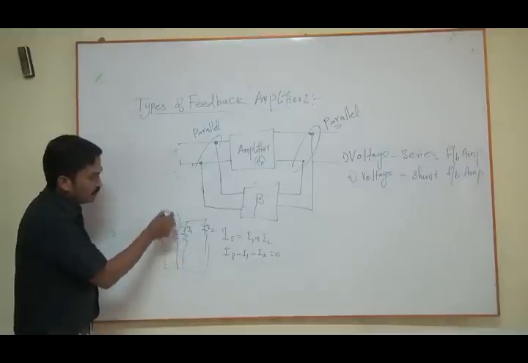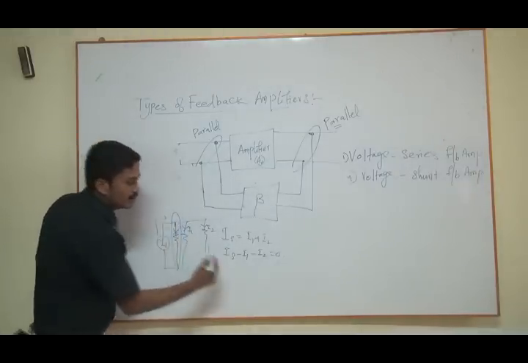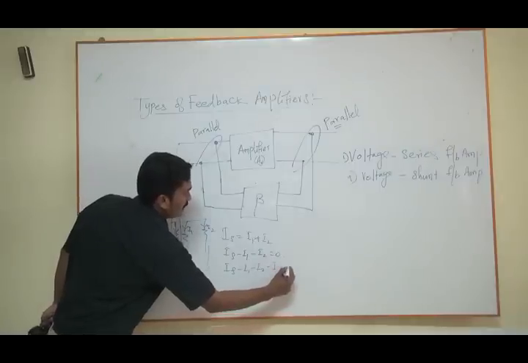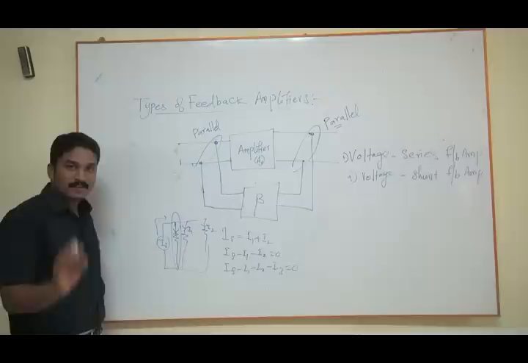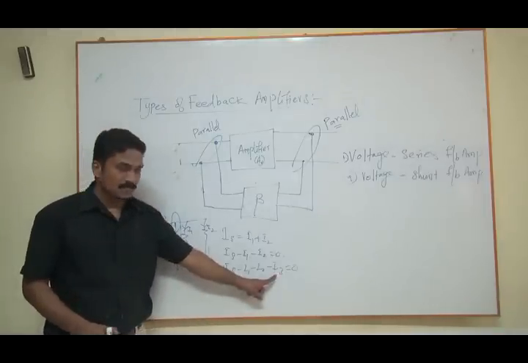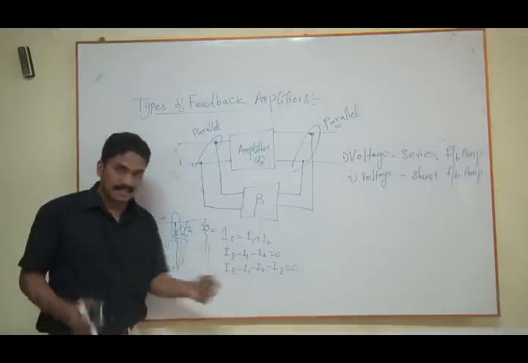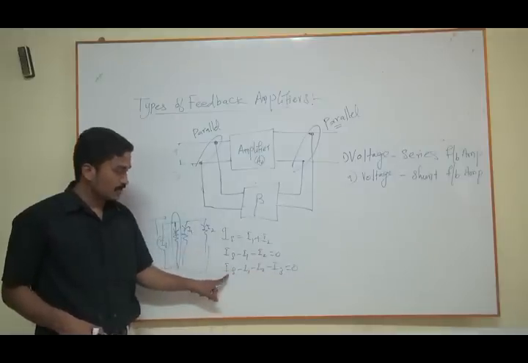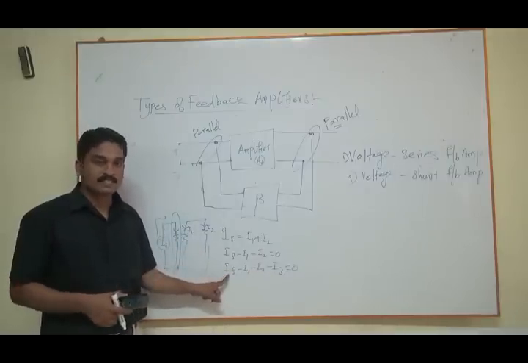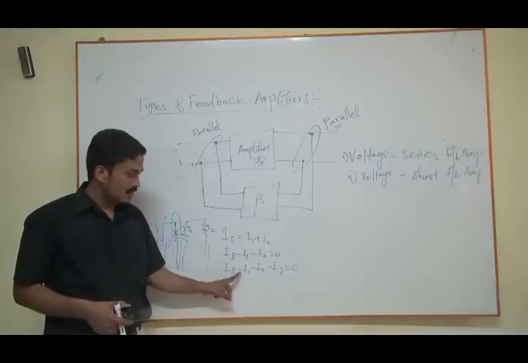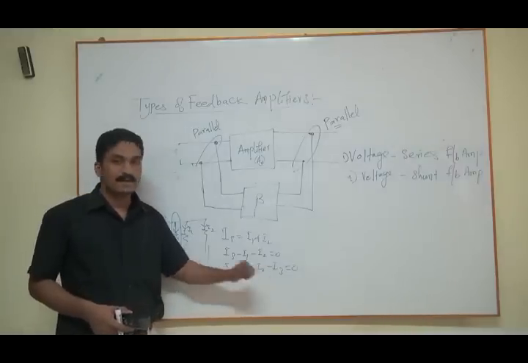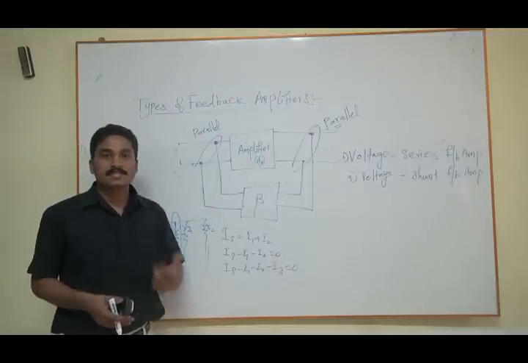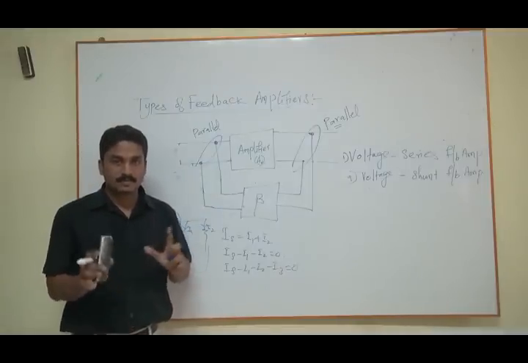But now if I include one more resistance over here, Is minus I1 minus I2 minus I3 is equal to 0. Because of this new resistance that I connected in parallel with the input side, that again reduces your source current. So if I connect that in parallel, it makes some changes on the current. Clear?